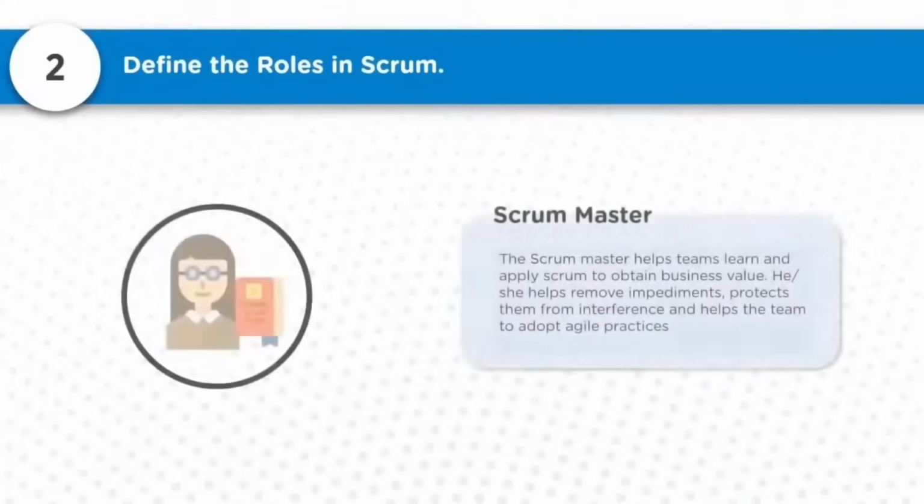The next role is the Scrum Master, who helps teams learn and apply Scrum to obtain business value. The Scrum Master helps remove impediments. An impediment is anything which can stop things from flowing smoothly. The Scrum Master protects the team from interference and helps the team adopt agile practices. Scrum is one of the methodologies for agile approaches and practices.